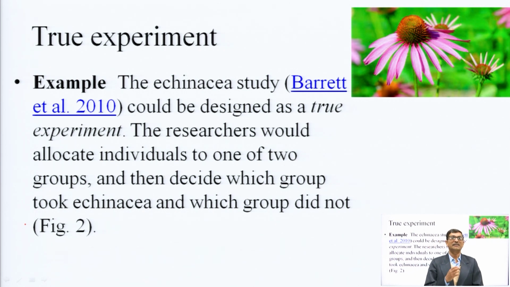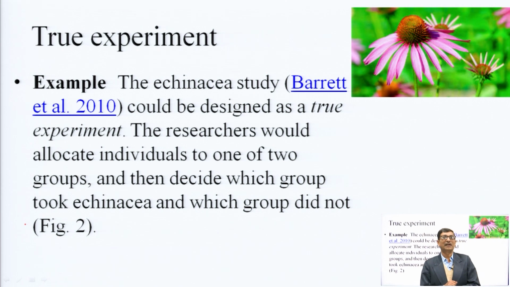Echinacea is actually a purple coneflower, a herb found worldwide, and it is a remedy for common cold, flu, or pain treatment like migraine and other health issues. So, Echinacea is a very popular herb found worldwide and used for common cold, flu and other health issues.